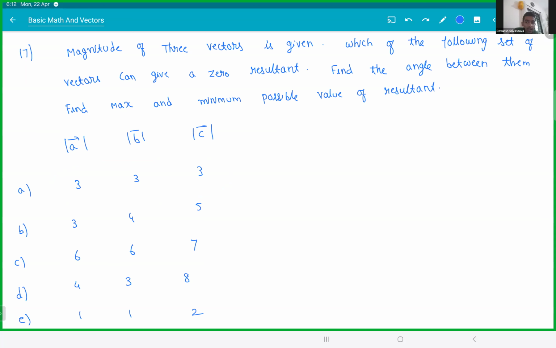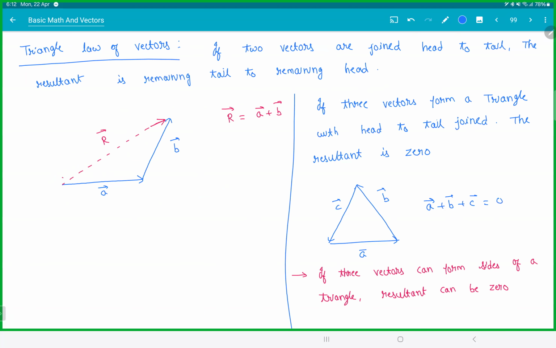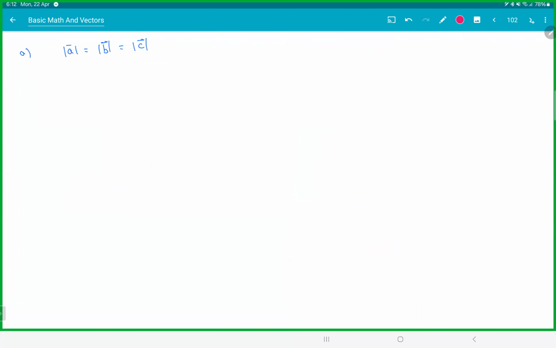Sir, in an equilateral triangle. Now remember, we just wrote a statement. If three vectors form the sides of a triangle, right, then the resultant is zero, right? Now, can someone tell me the properties of a triangle? In a triangle, if you have A, B, and C, the sum of two sides, A plus B, must always be greater than the third side.